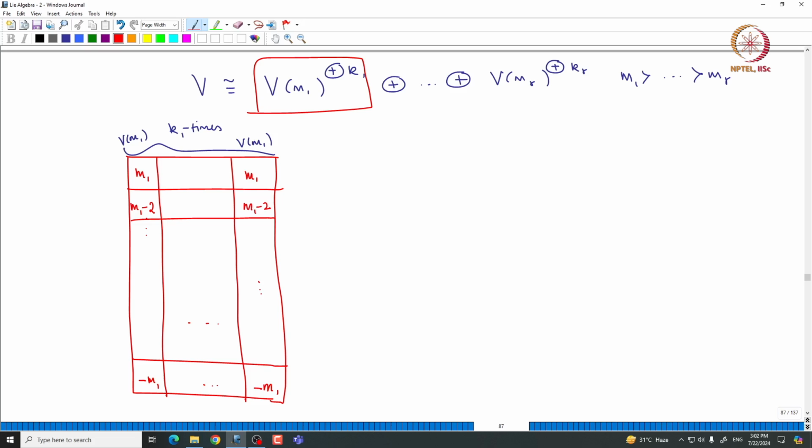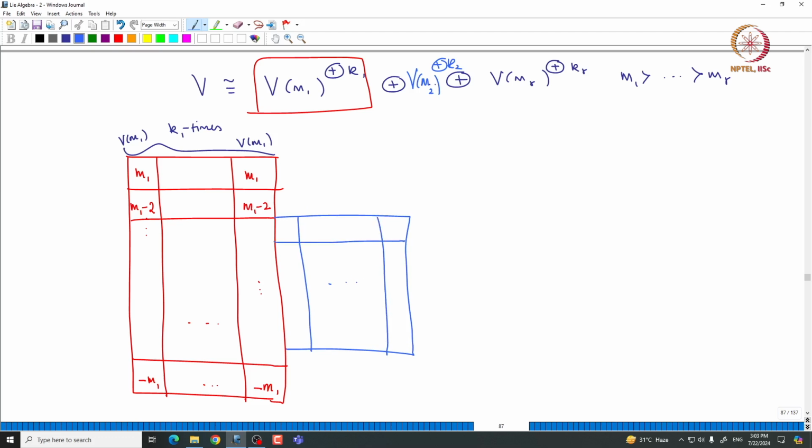Now if we go to the second level, let us use a different color. We go to, let us say, the second level Vm2 direct sum k2. Then Vm2 may appear somewhere, and then it may give you something like this.